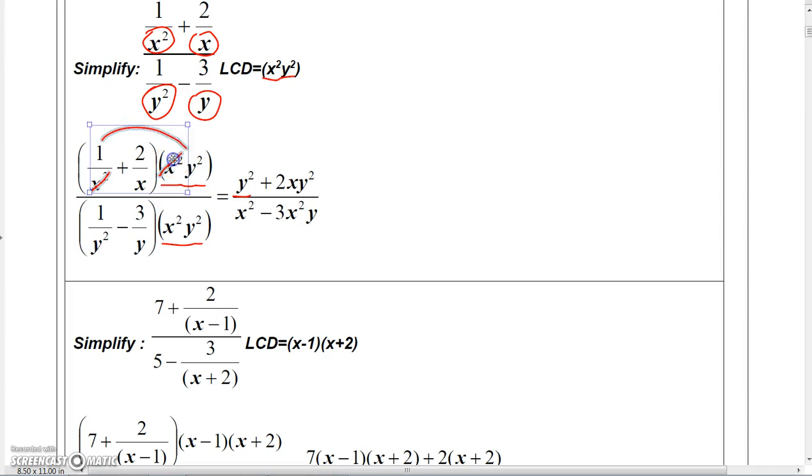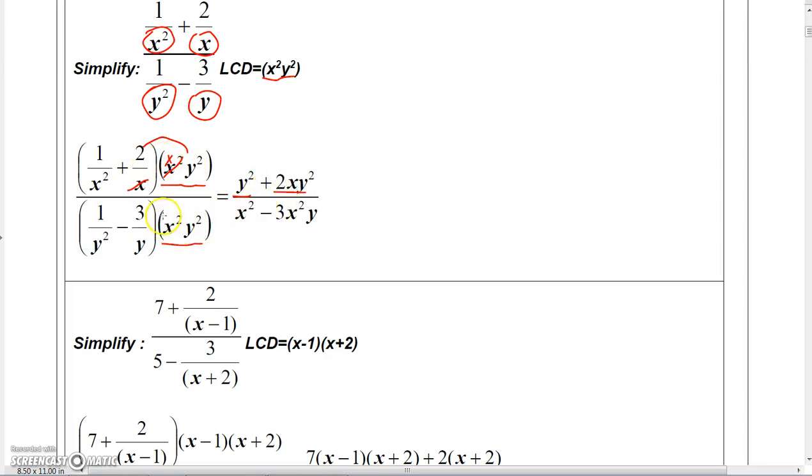Then if you multiply x squared y squared times the second term, the x will cancel with the x squared, since x squared over x is just x. See how the x canceled? The x divides into the x squared and gives you x. So you get 2xy squared, which is this.